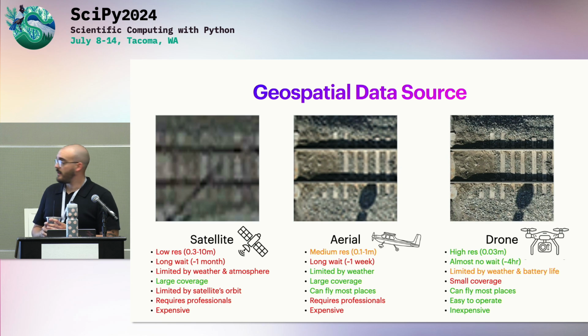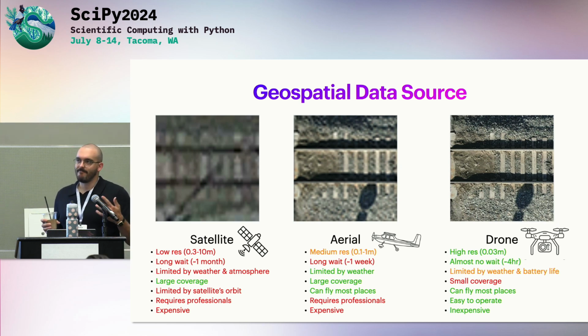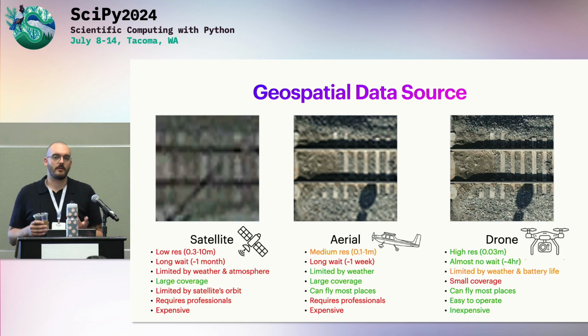Similarly, aerial imagery has similar downfalls. You are not really affected by the atmosphere, which is great. However, it's still pretty expensive and still pretty low res. And then drone imagery is like the best of both worlds. The only thing that is less good is that the picture you take is small. So you have small coverage, and you need more pictures to cover the same area.